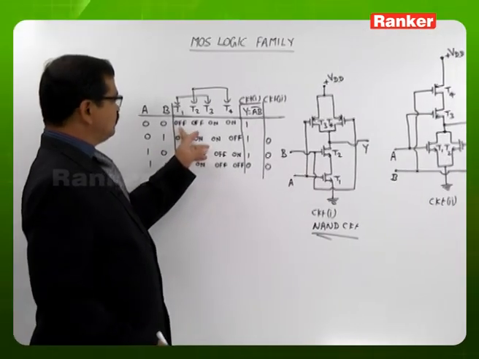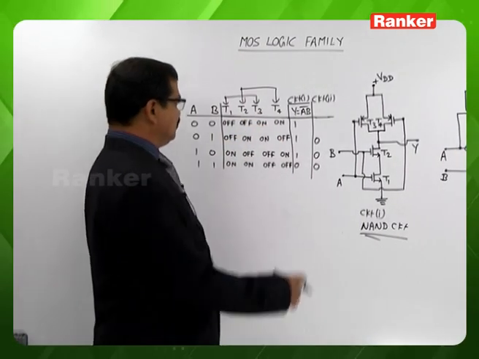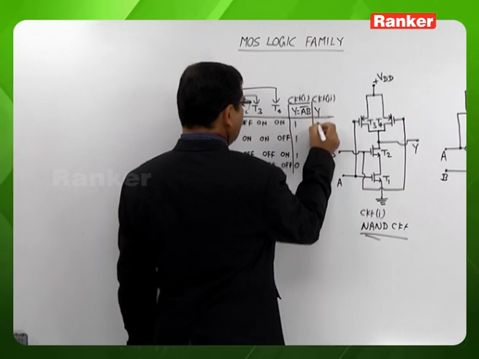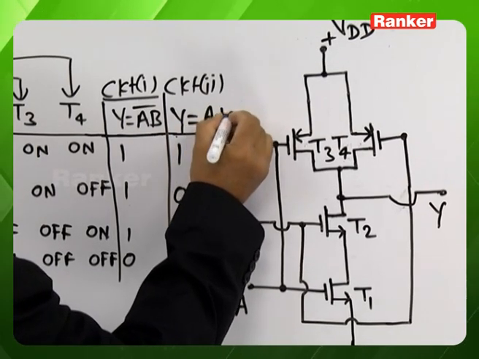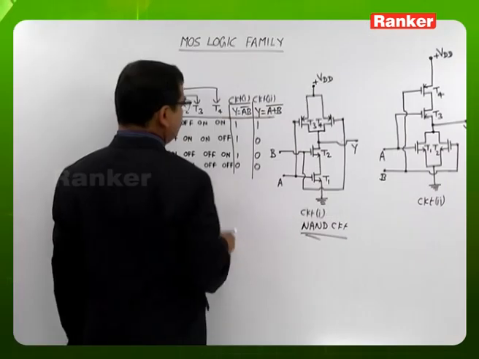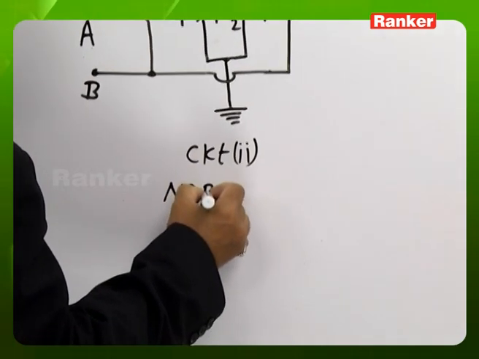And for the first row, T1, T2 both are off. When both are off, output will be plus VDD, so output Y will be logic 1. Circuit 2 is giving the operation of a 2-input NOR gate. Hence, circuit 2 is a NOR circuit.